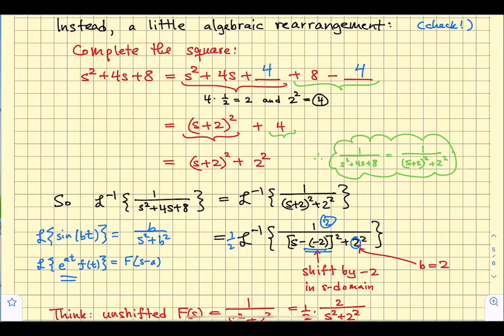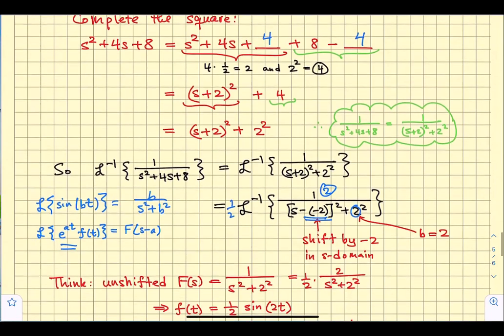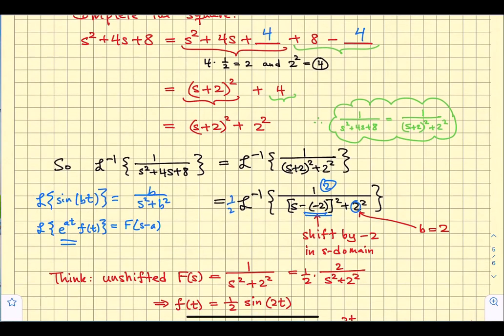The shift here is a shift by -2, and now we go back to our theory. Our theory said that if you have a shift of a in the s domain, then it corresponds to multiplication by e to the at in the t domain. So what I want to do is cover up the shift and mentally inverse transform.